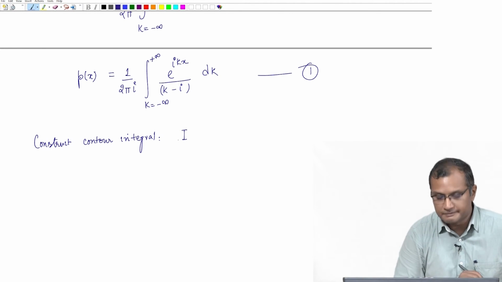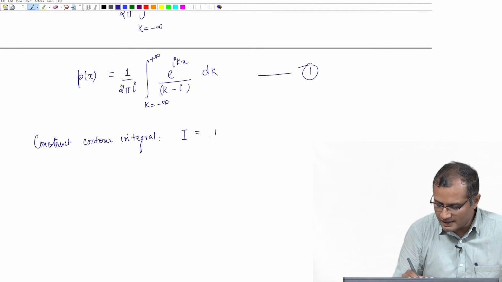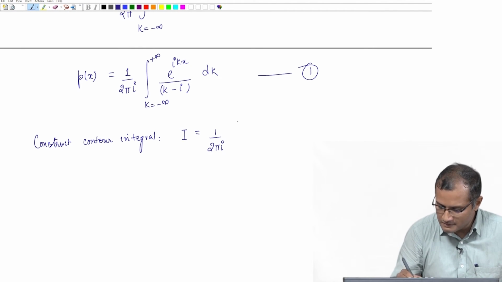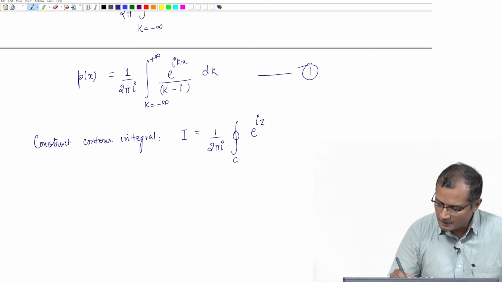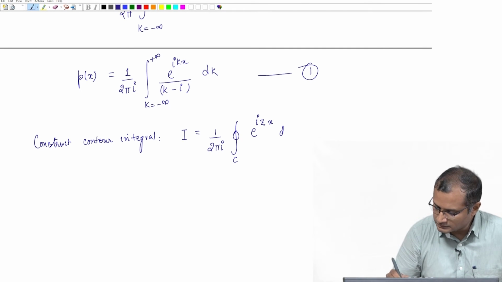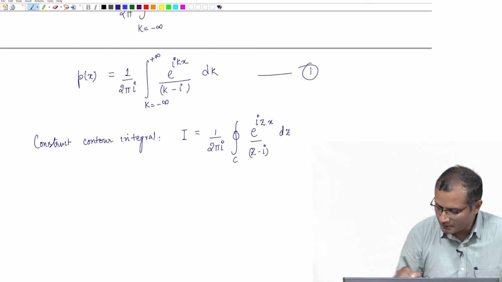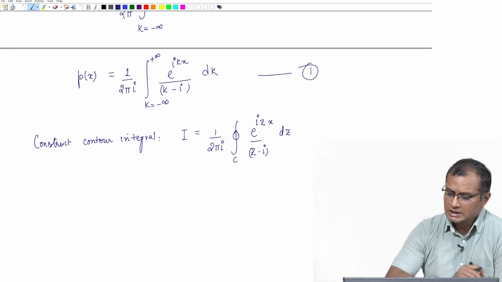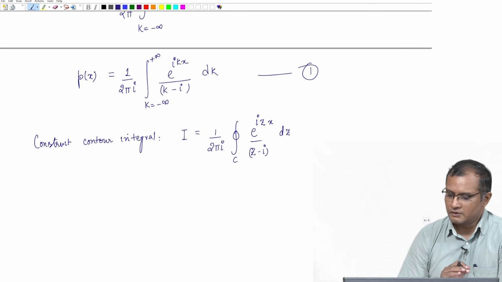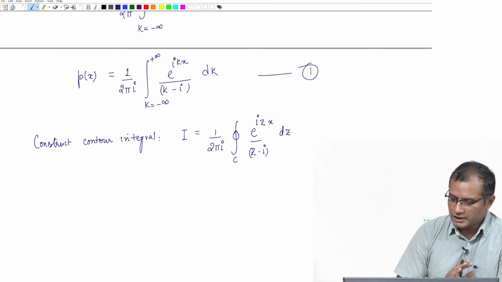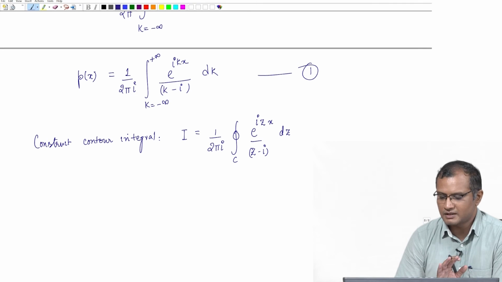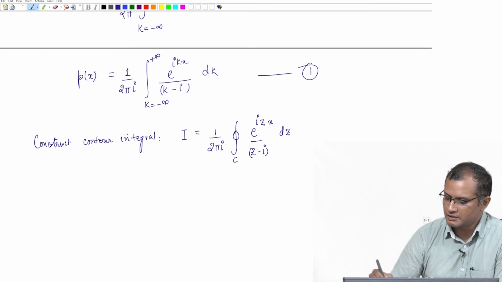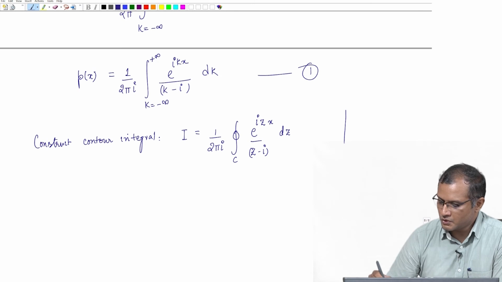I will call it I, and I define this I as 1 upon 2 pi I times the contour integral of e to the power I z x dz over z minus I. Okay. Now, as per the rituals of complex variables, if you have written a contour integral, it makes absolutely no sense if you do not define the contour. So, immediately after writing down the contour integral, you must show your contour.